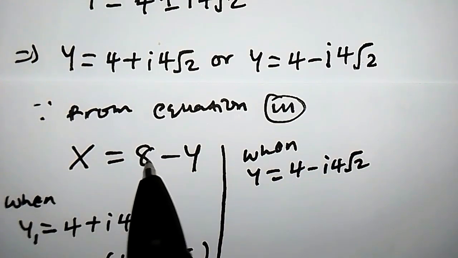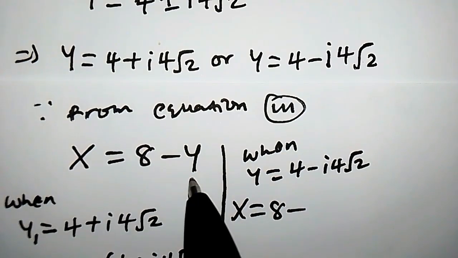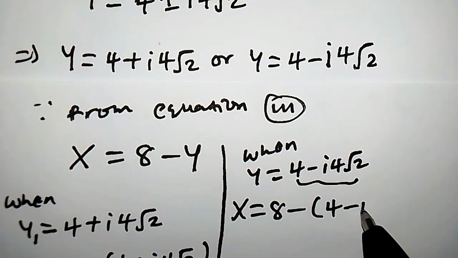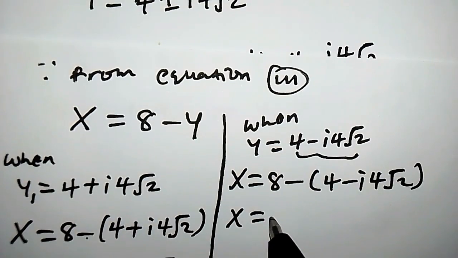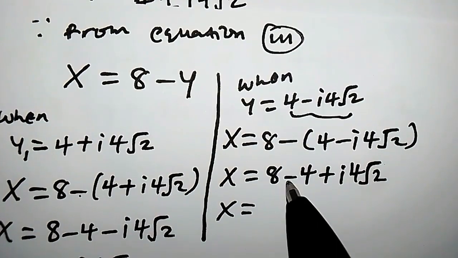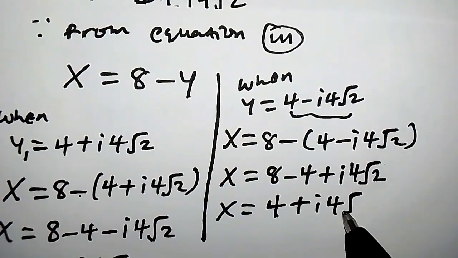We just have to plug it here. x is equal to 8 minus, replacing this y with 4 minus i times 4 root 2. x is equal to 8, minus times 4, that is minus 4, minus times minus, that is plus i times 4 root 2. x is equal to 8 minus 4, that is simply 4, plus i times 4 root 2.